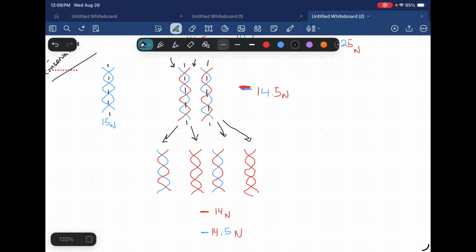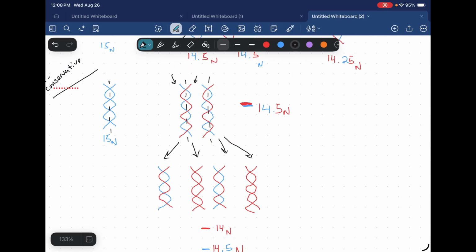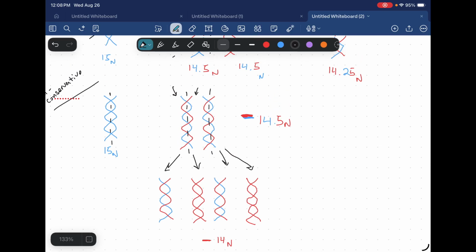So therefore, every daughter molecule contains one old 15N strand and one new 14N strand. All of these DNA molecules have an intermediate density, so they produce one intermediate band.